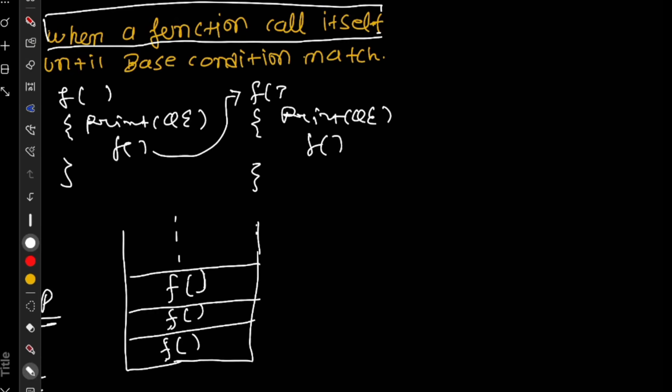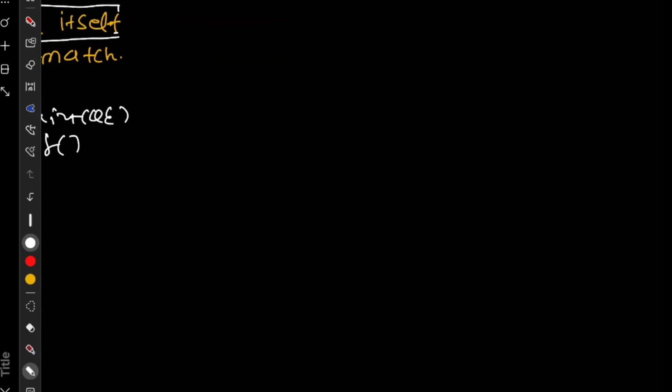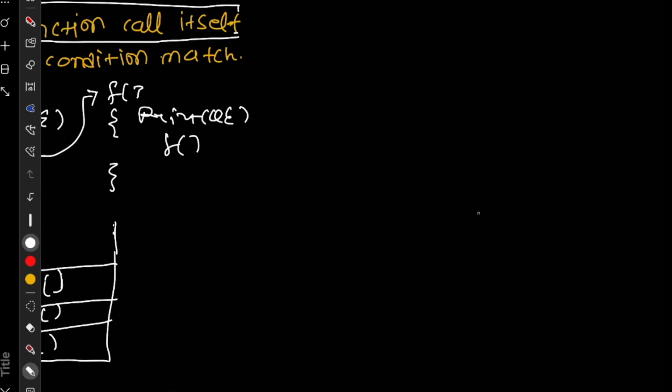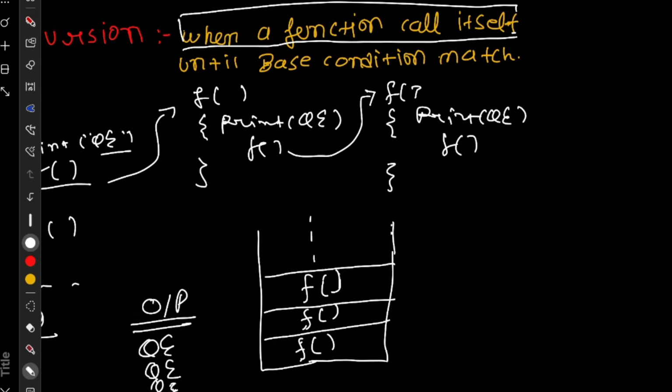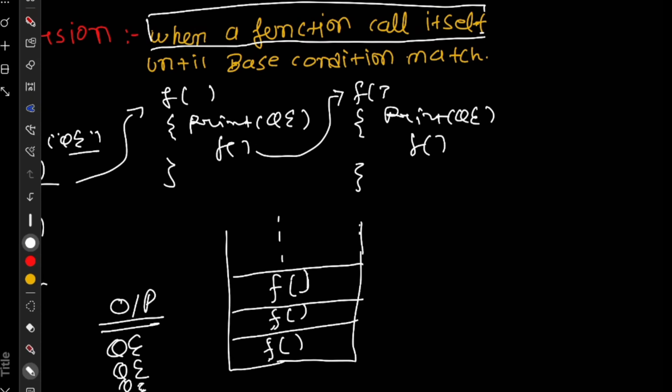For this same example, how do I convert it into a recursive program? Now I am writing this same function by just adding a base case, which makes this function logically correct to implement in code. First of all, we have this main function.